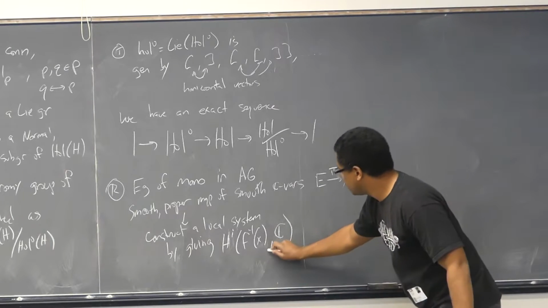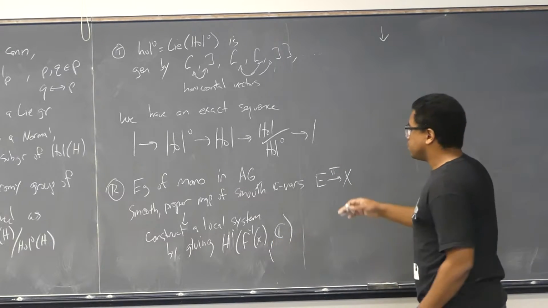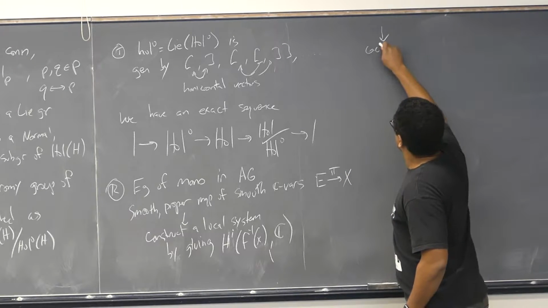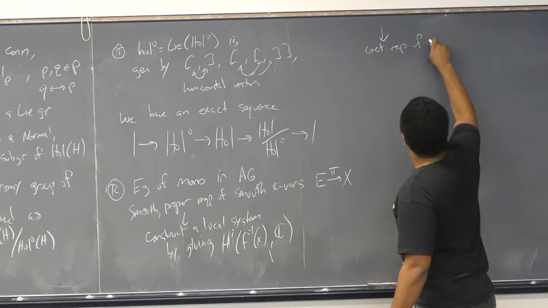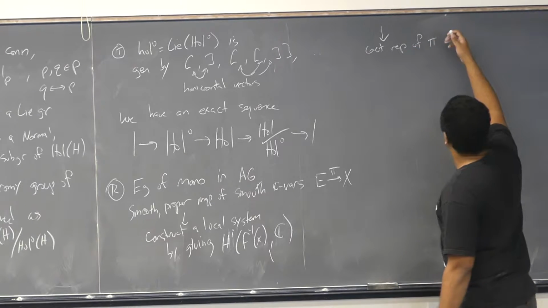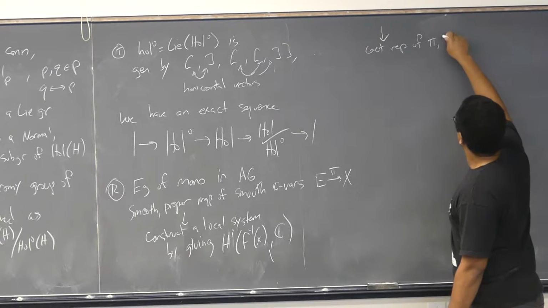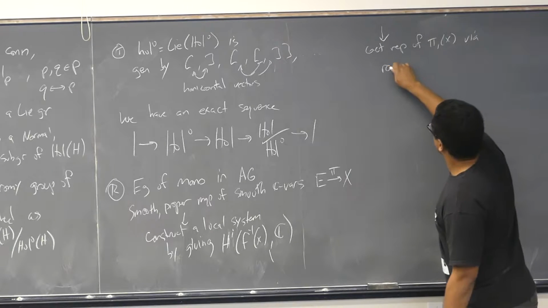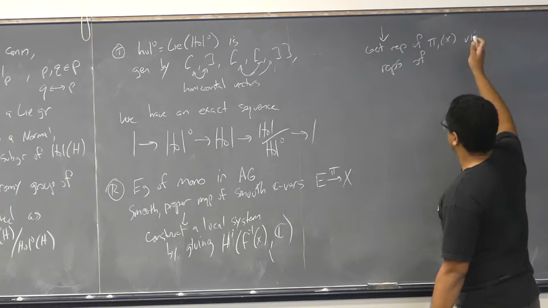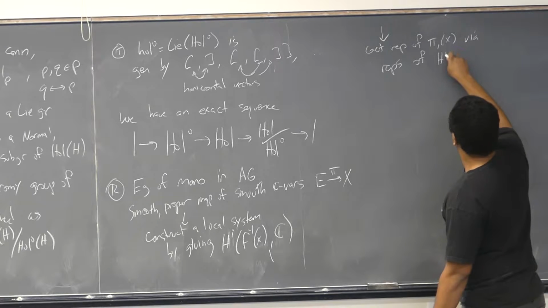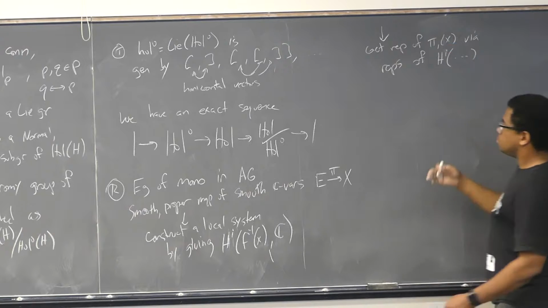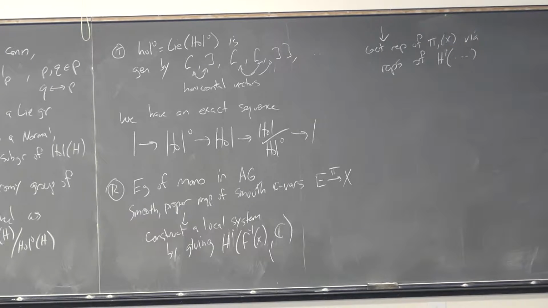And maybe as an arrow from there, we can get representations of the fundamental group. So monodromy might appear in this way.